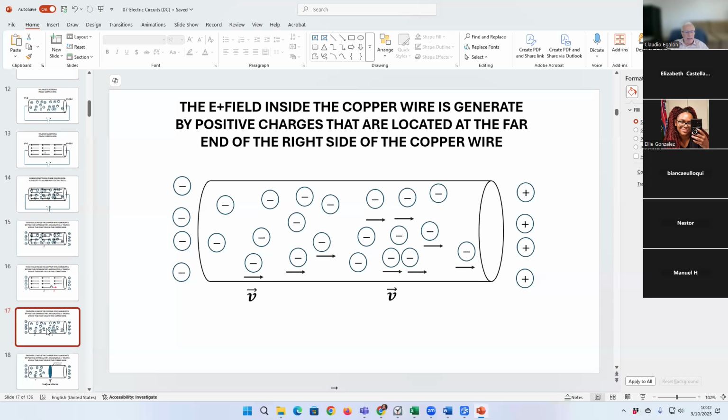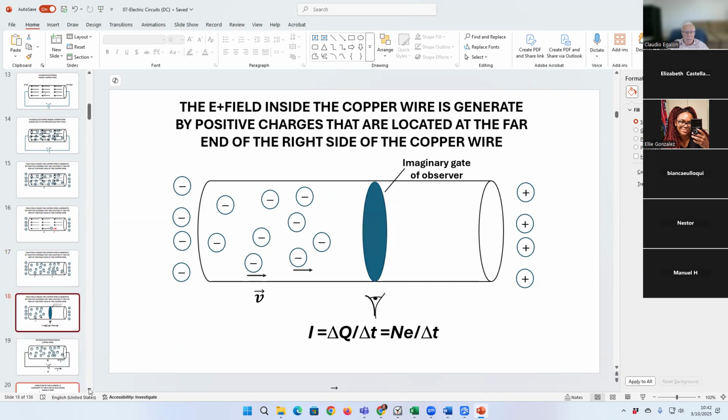And because of this electric force, the electrons are going to move as a set to the right side. Here's the velocity. The electric current is going to be given by the number of electrons that cross this cross section.